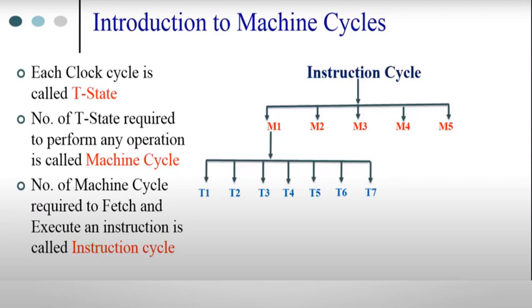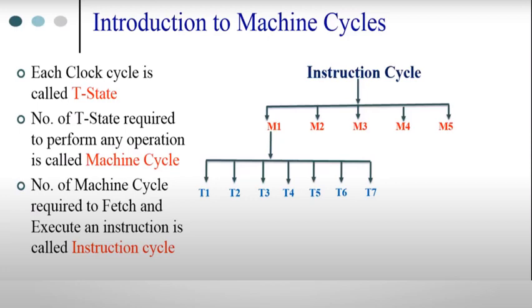Next, T state. The machine cycle and instruction cycle take multiple clock periods. While defining the instruction cycle, I said the time required to execute, and while defining the machine cycle I mentioned the time required to access the memory. Initially, while discussing the clock, I said the clock is nothing but the operating frequency of the microprocessor.